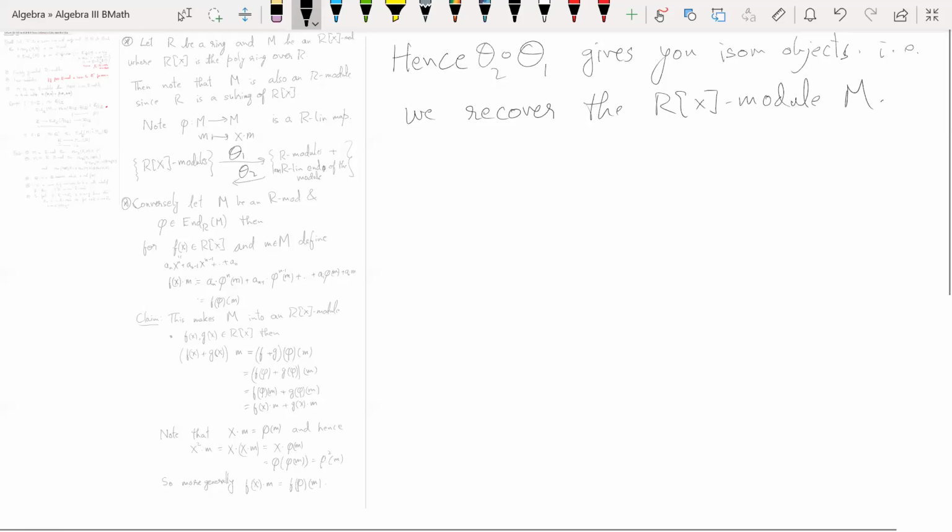So if you have an R-module M and a linear map phi, then you can make it into an R[x]-module this way.